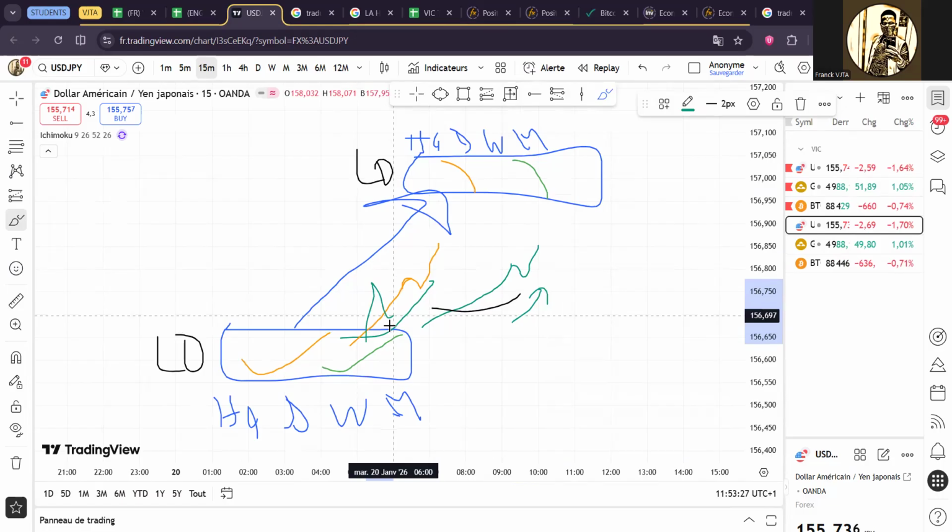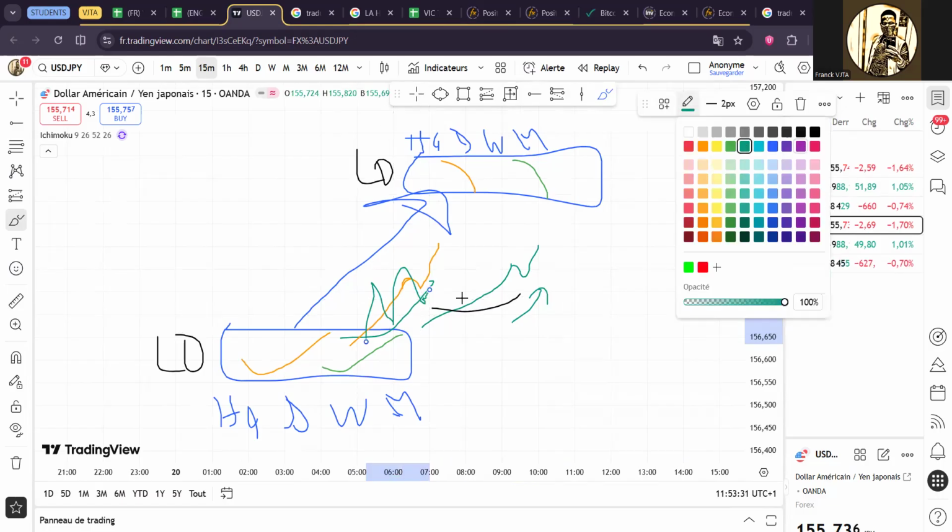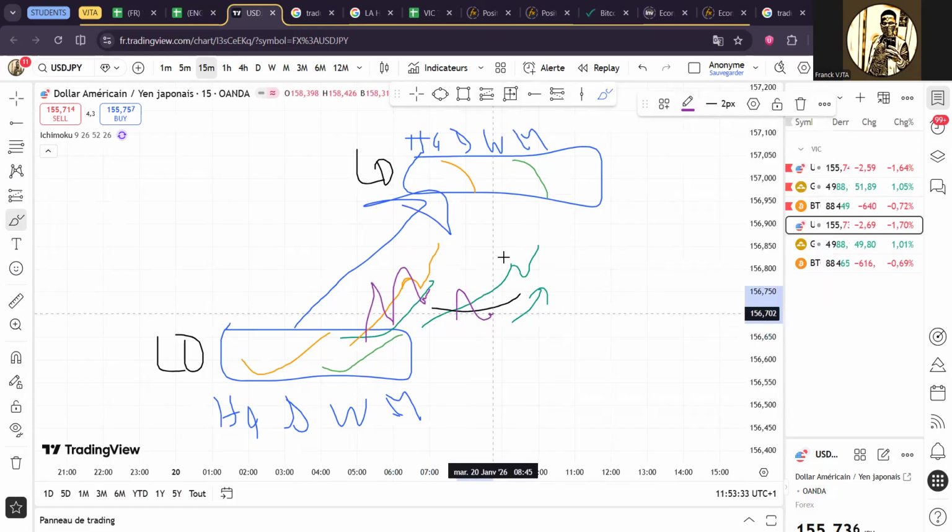Take any buys of the price below SSB inside here. Even if you see any single line, Tenkan or Kijun, bending a little bit down, as long as the orientation is still bullish, it remains bullish.